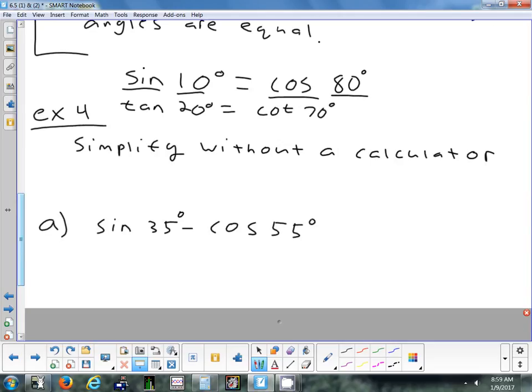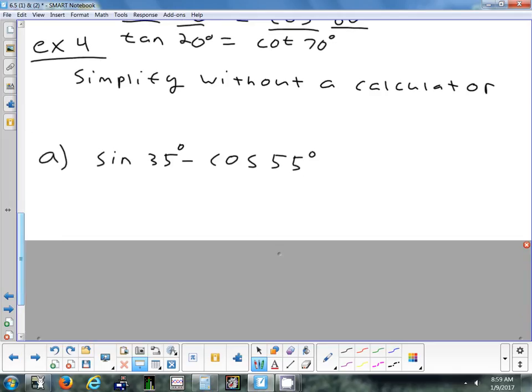It's right here. I have the sine of 35 minus the cosine of 55. What's the relationship between sine and cosine? They're cofunctions. And how about the relationship between 35 and 55 if they were in the same triangle? They're complementary. So I have cofunctions of complementary angles, which means this and this are what?